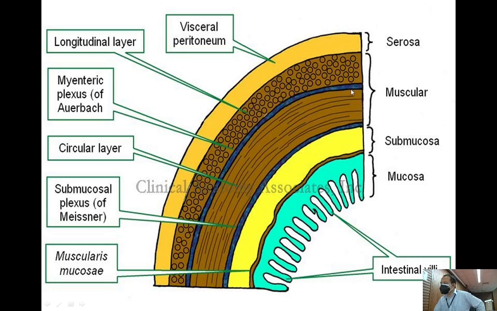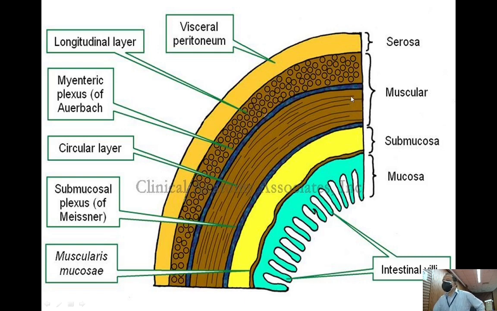So in the stomach, you find these three layers, but then you go further down to the small intestine. This is an arrangement where the inner smooth muscle is the circular smooth muscle, and the outer smooth muscle is the longitudinal muscle.